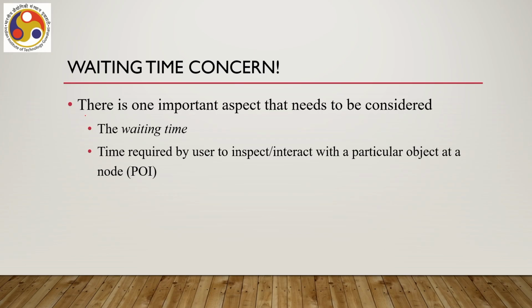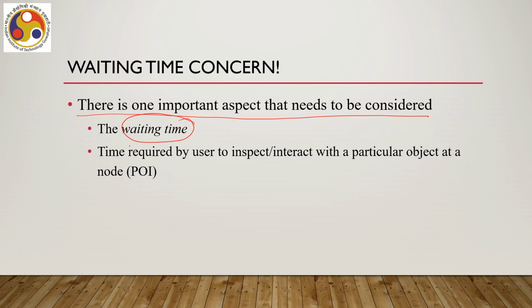Now, there is another important aspect that needs to be considered, which is the waiting time. At a given point of interest, the user is expected to spend some time to inspect or do something with that point of interest, as we have indicated in our earlier lectures during the experiments.